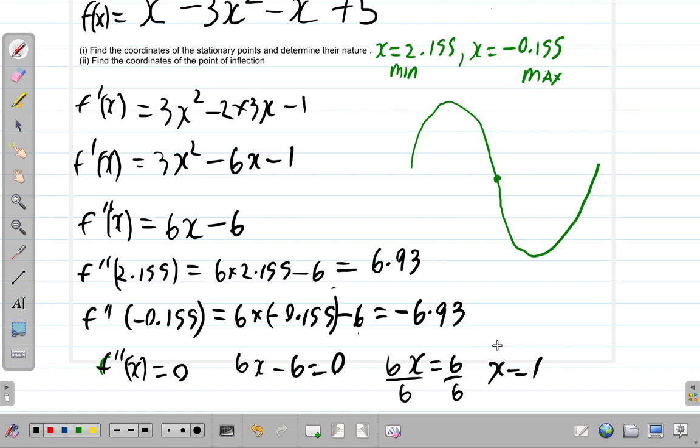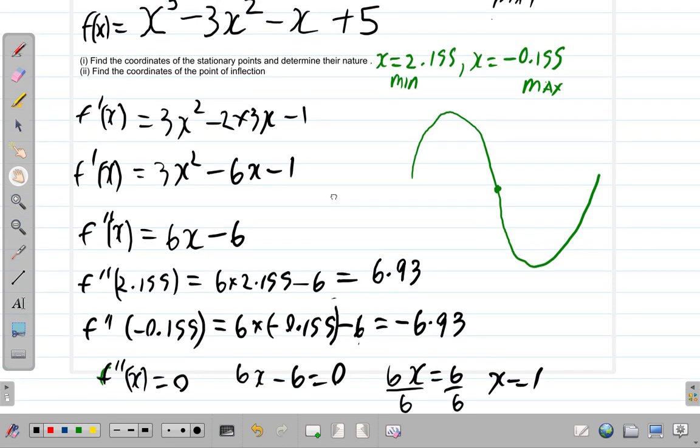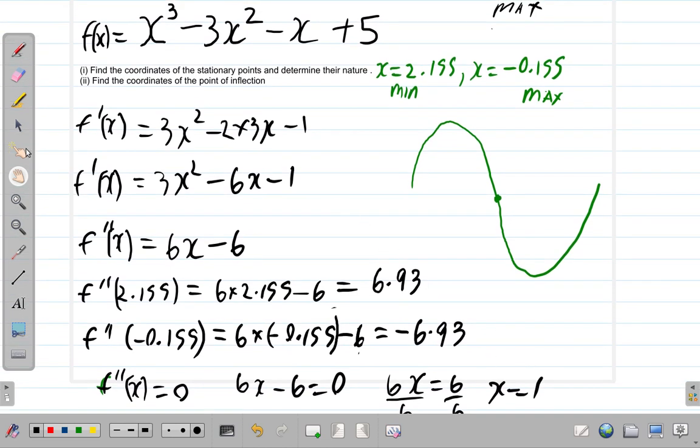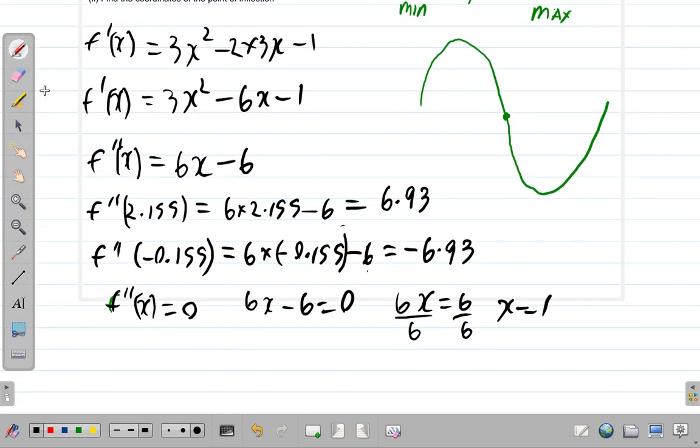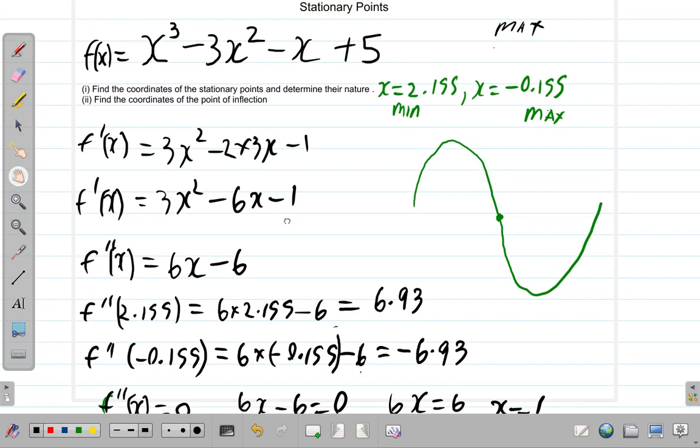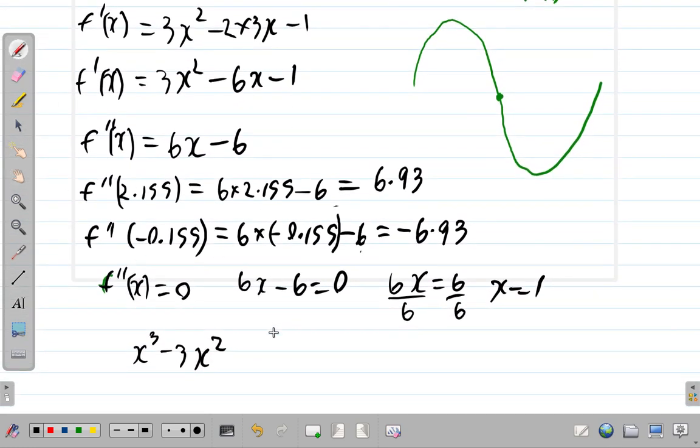So if x is 1, and we want to find the coordinates, what we need to do is substitute 1 into f of x. Looking back at the function, we have x cubed minus 3x squared minus x plus 5. That is f of x.